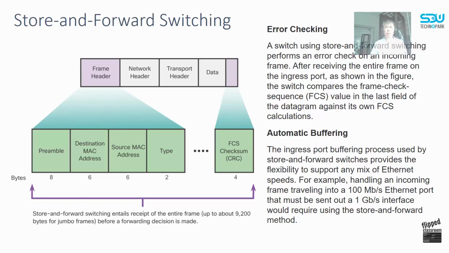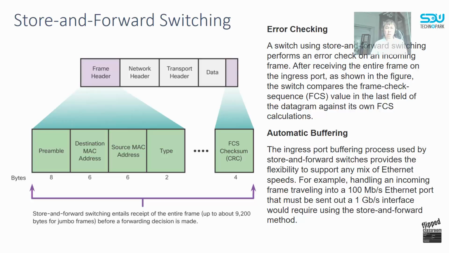We have an error checking mechanism, which is the frame check sequence in the trailer of the frame, as we mentioned before. One of the more characteristic things about store and forward is that the switch has to store information in the buffer memory, so automatic buffering.